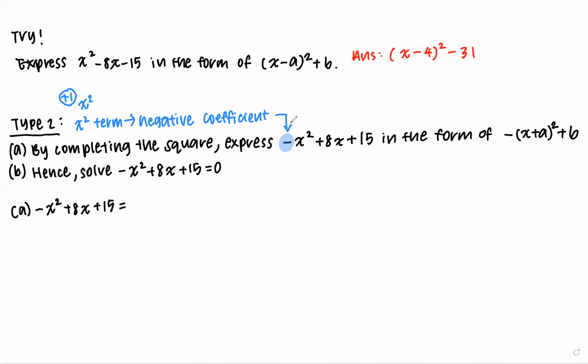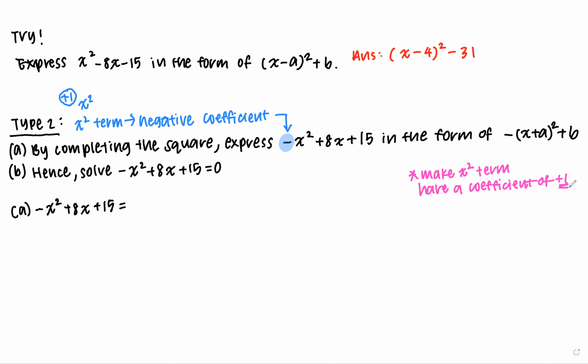When it comes to a negative coefficient, you need to be very careful because right now our additional step 1 is no longer separating or isolating the x term. Our focus right now is that you must make the x squared term have a coefficient of positive 1.